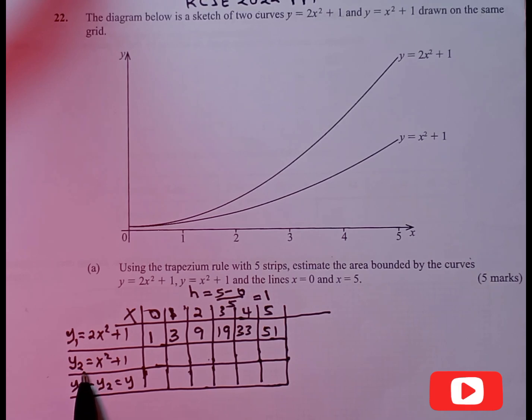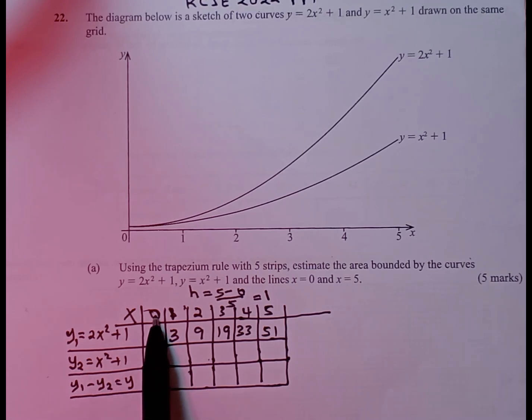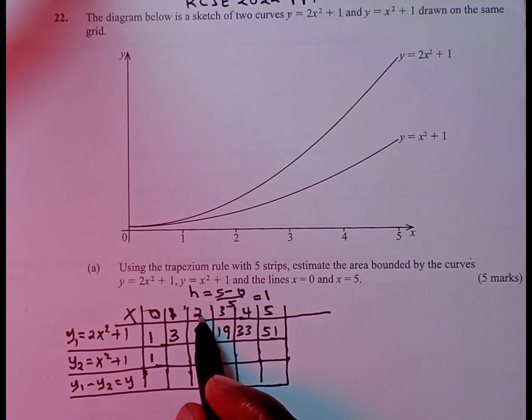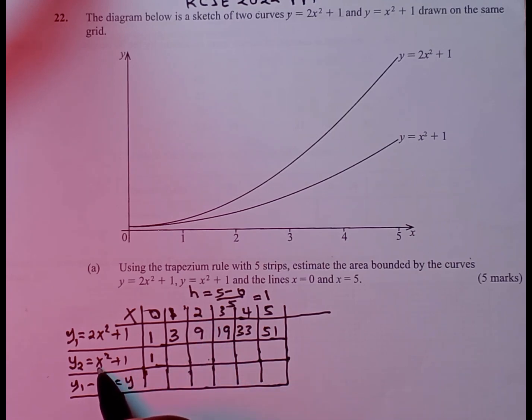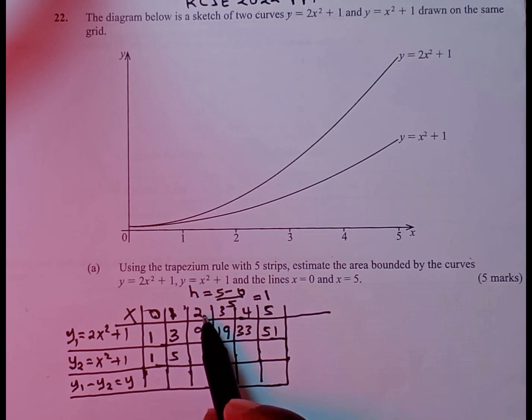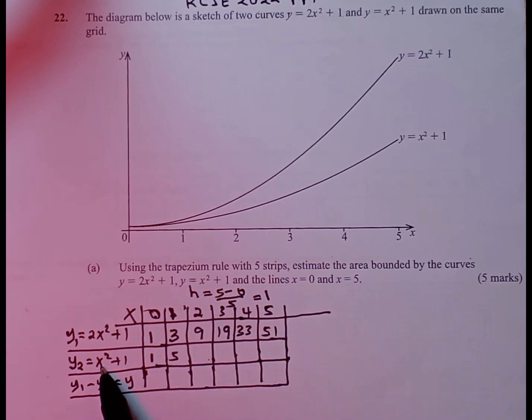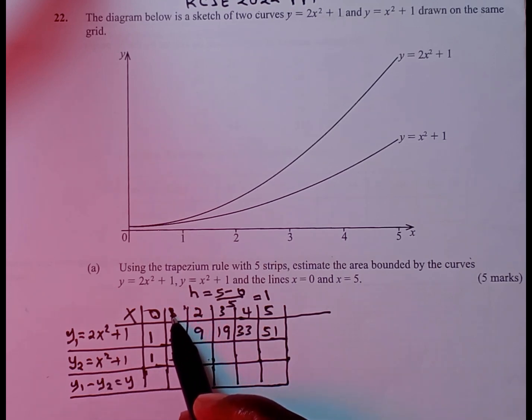We go to y2. The values of x are known, so we take x squared. When x is 0, 0 squared is 0, plus 1, you get 1.